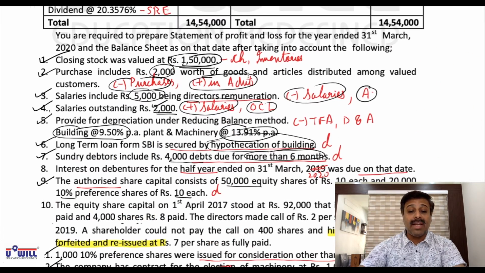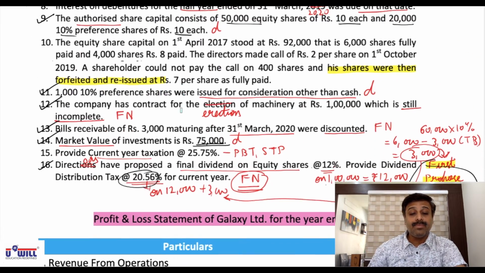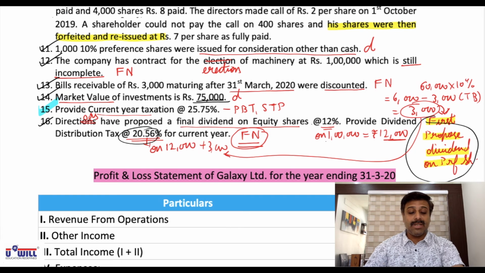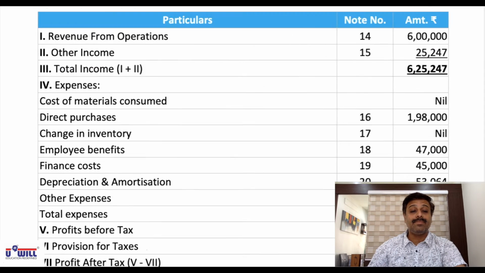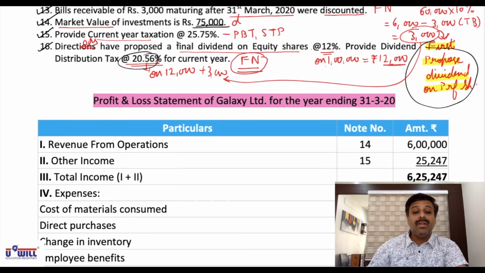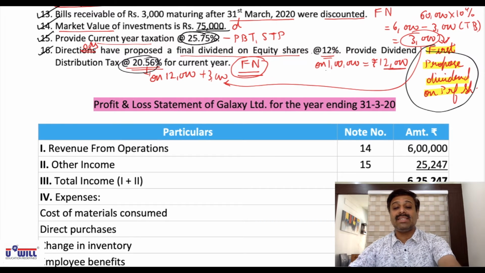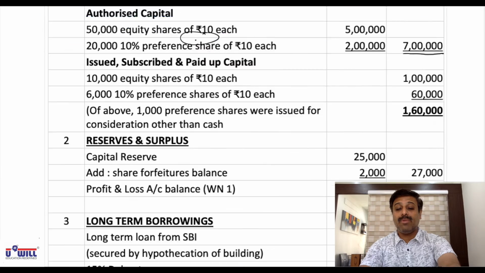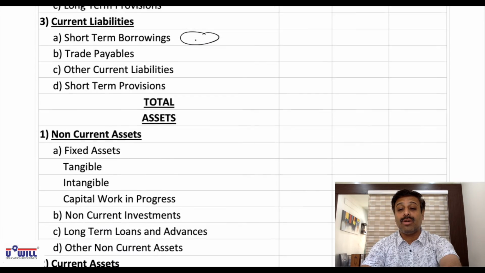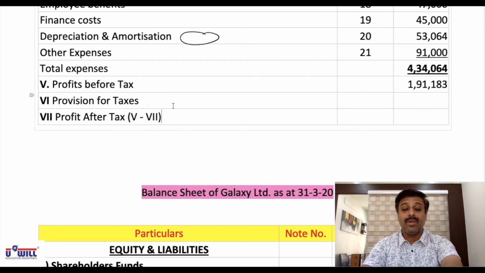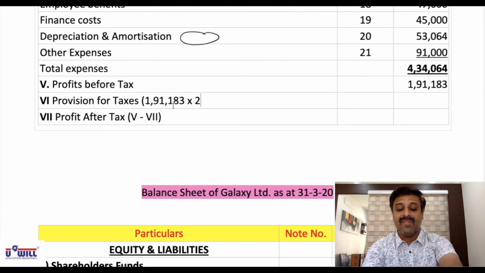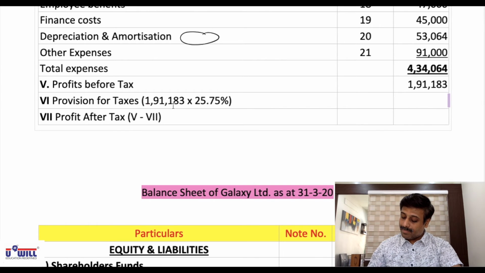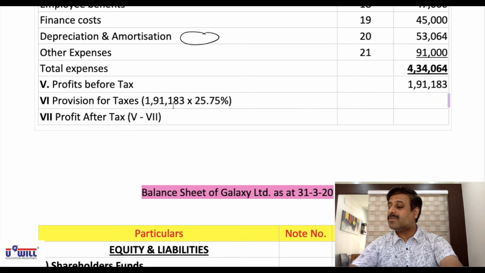Now, what is the provision for tax percentage? 15th adjustment. We have to provide for tax at 25.75%. So 25.75% we will calculate on this amount of profit before tax. 191,183 into 25.75% comes to 49,229.6, means 49,230.